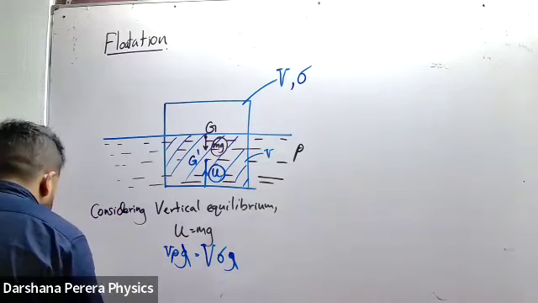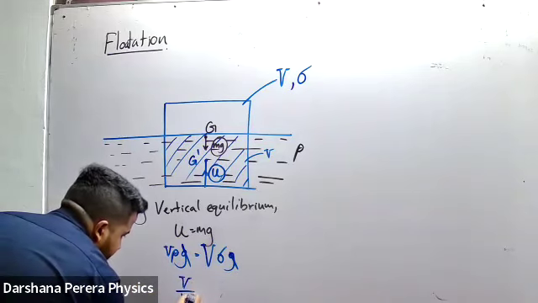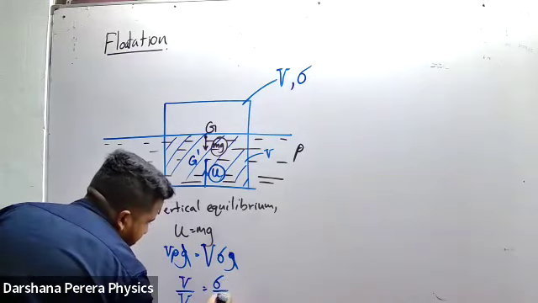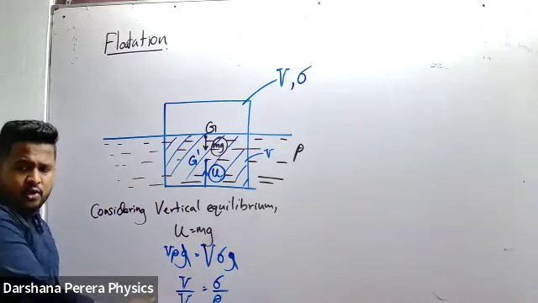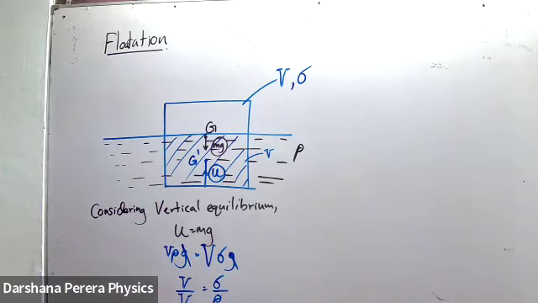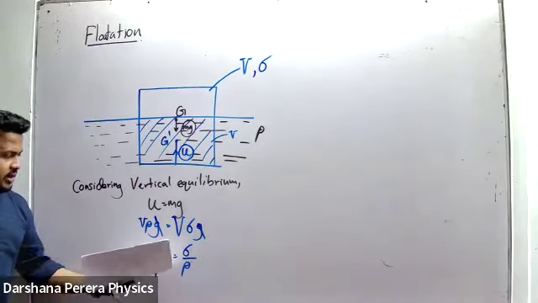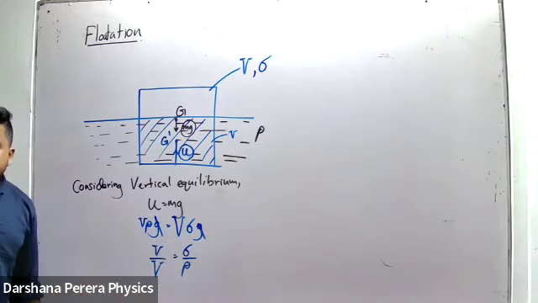Okay. Then v over capital V equals sigma over rho. That means the ratio of the volume submerged over total volume equals the density of the object over the density of the liquid, right?